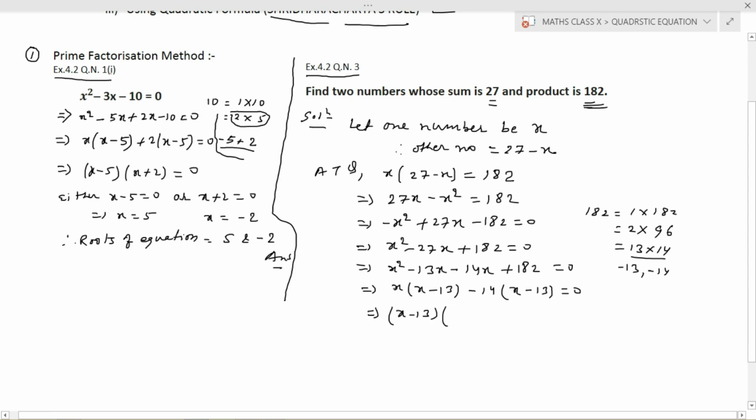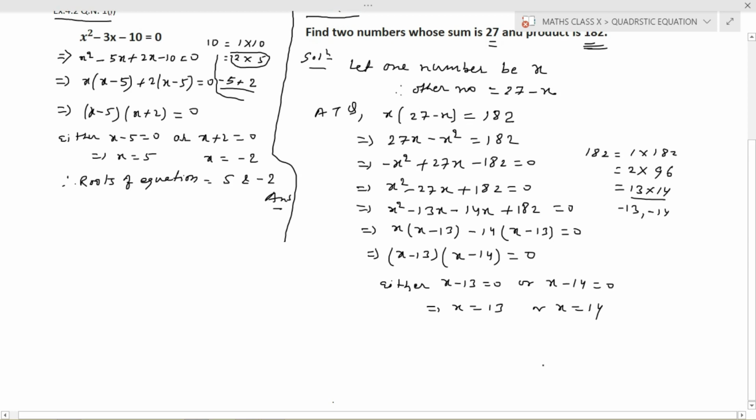From the first part x is left, and from the second part minus 14 is left. Then this is equal to 0. These two factors have product 0, so either x minus 13 equal to 0 or x minus 14 equal to 0. From here we get x equal to 13, or x equal to 14. So we have the two values of x, 13 and 14.